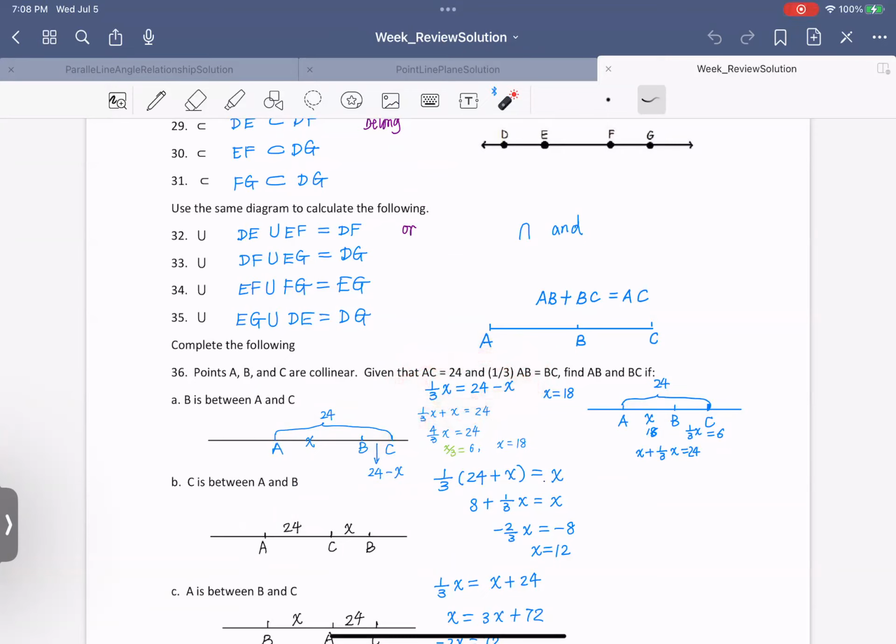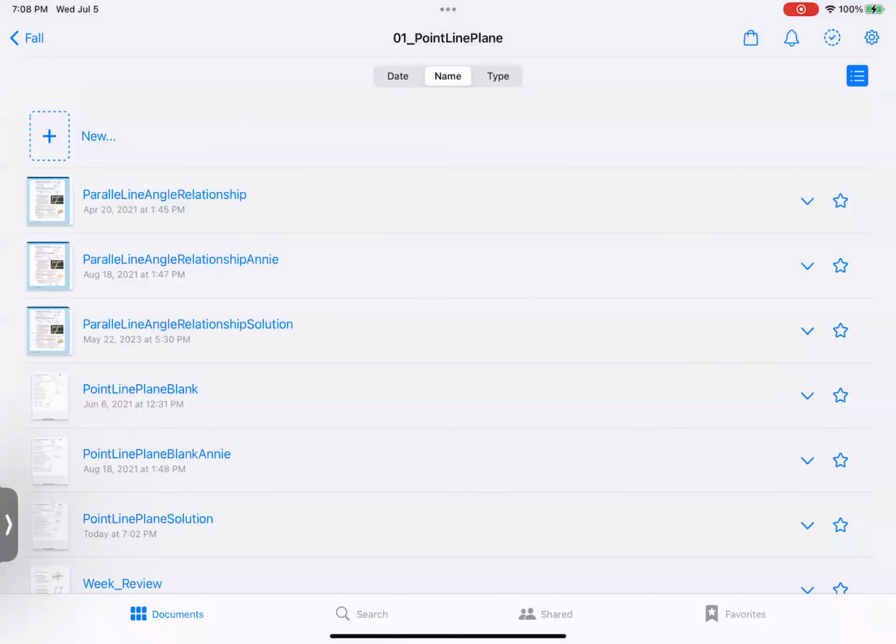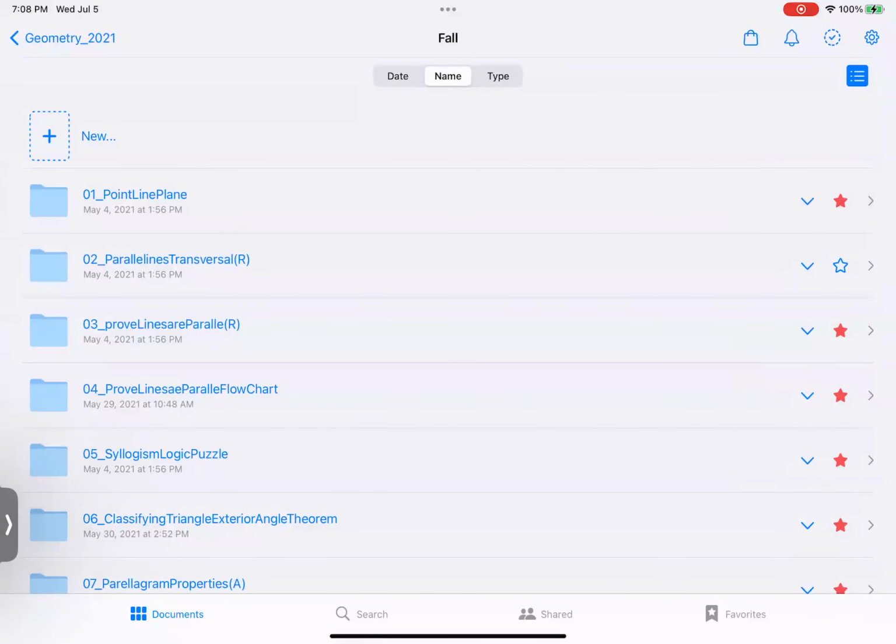In geometry, they give you those different relationships. You list the equation, you solve it. That's called using algebra 1 to manipulate geometry. But for geometry itself, the major part is not calculation. The major part is doing the proof.